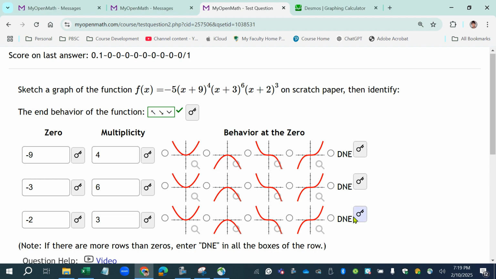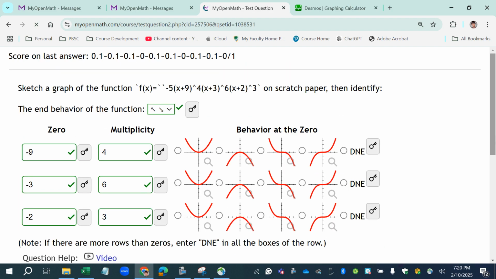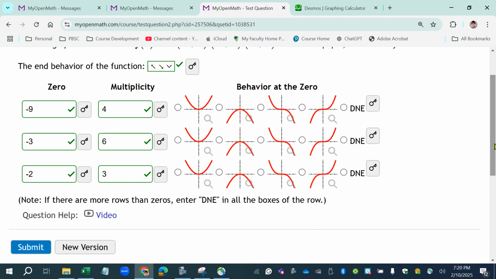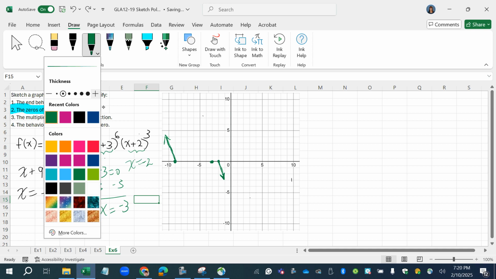Now that we know what all the zeros are and what all their multiplicities are, we are almost done with this problem, because we can tell what the behavior at each 0 will be. So I'm going to come back to my sketch for a moment. At x equals negative 9, the question is, what is going to happen there?